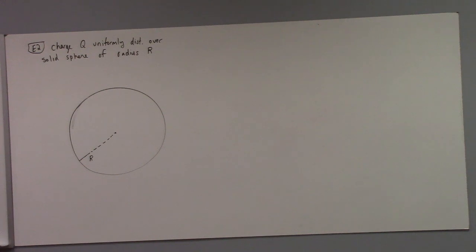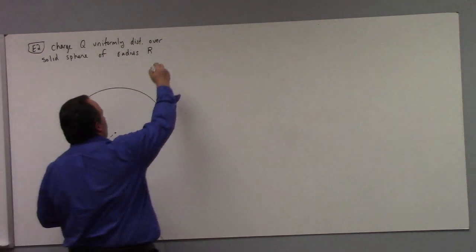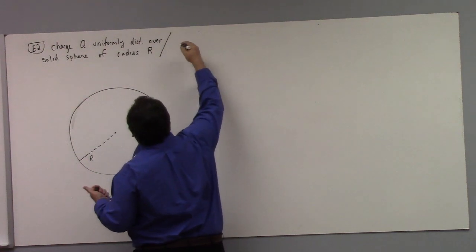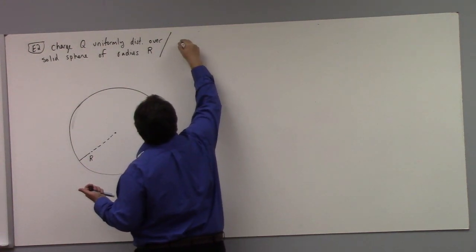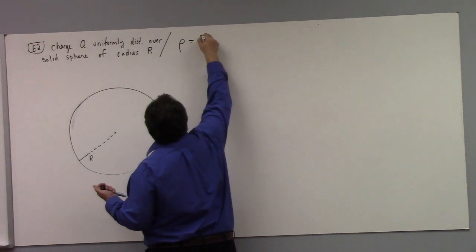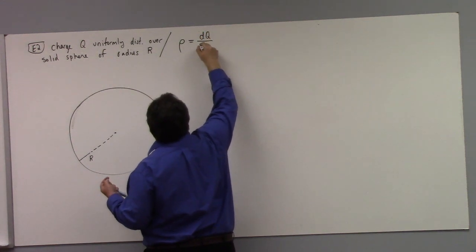So one of the questions I might ask you is, what's the charge density? How much charge per unit volume are we looking at? We're going to need to know that. Let's figure that out. The charge density rho is equal to dq/dv, right?